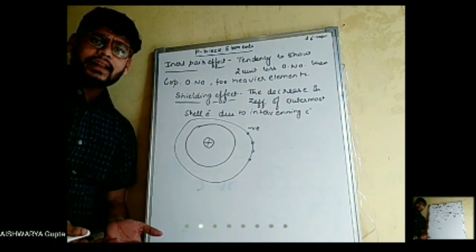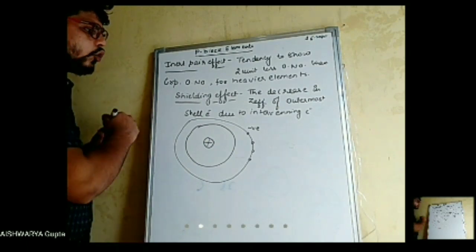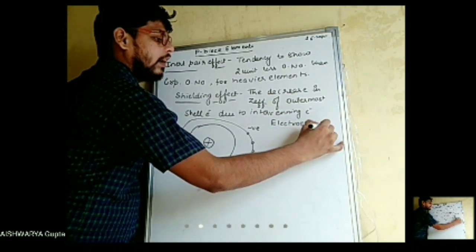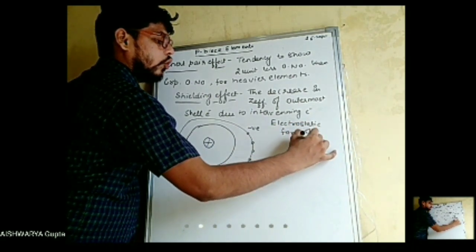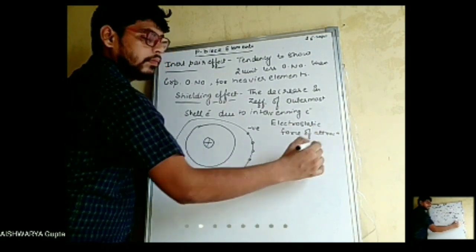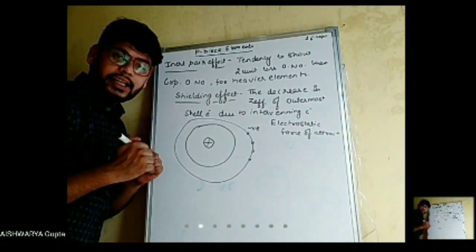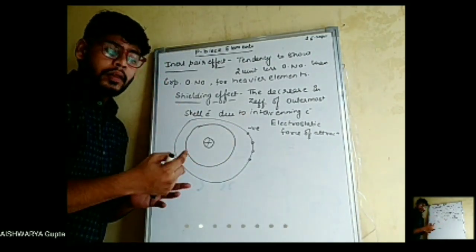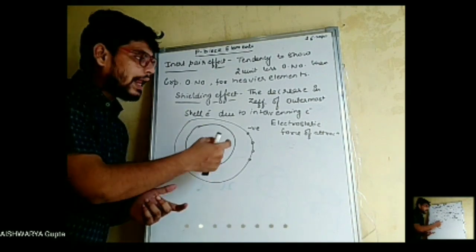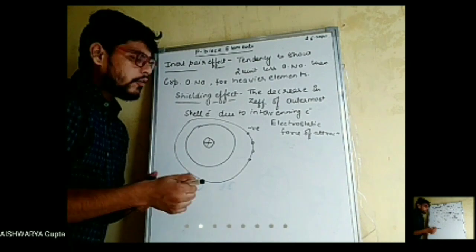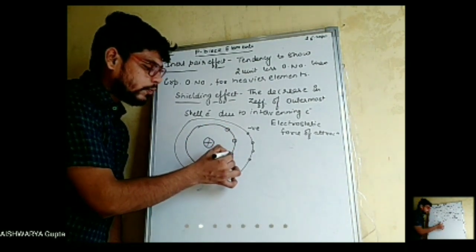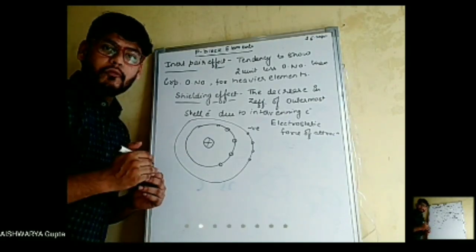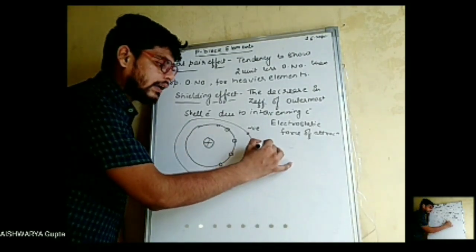So it is the normal tendency that there will be an electrostatic force of attraction between this positive and this negative charge. This force of attraction exists when there is no intervening electron. But if there are intervening electrons too, then two types of force will be acting. First one, the attraction force.